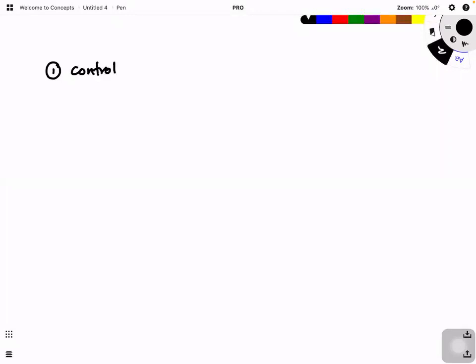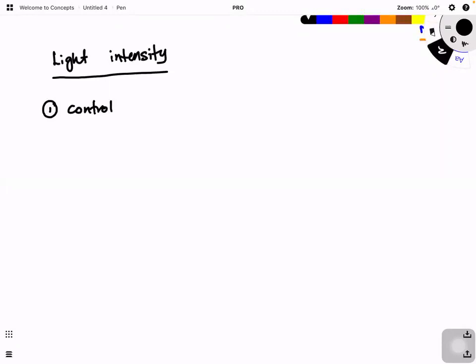Let's say, for example, our factor here is the light intensity. If we want to check the effect of the light intensity, we set a control to make sure that the decolorization of the DCPIP is due to the light, not because of the temperature, not because of other factors. Are you clear?